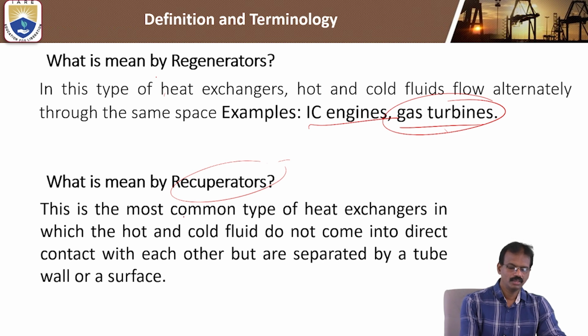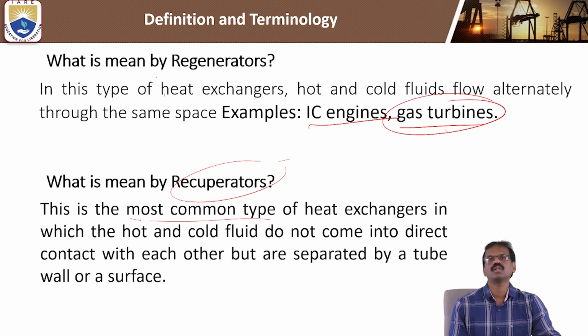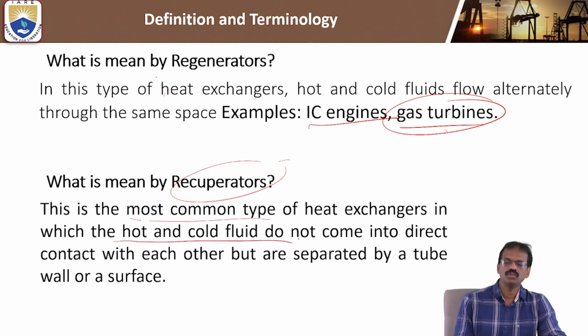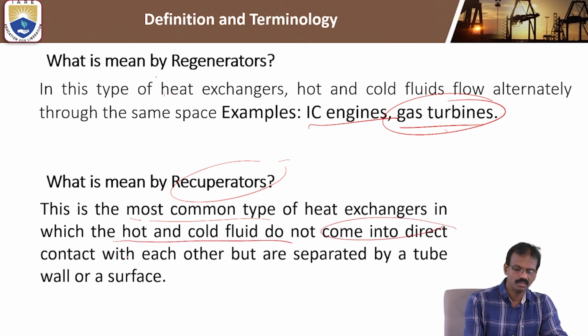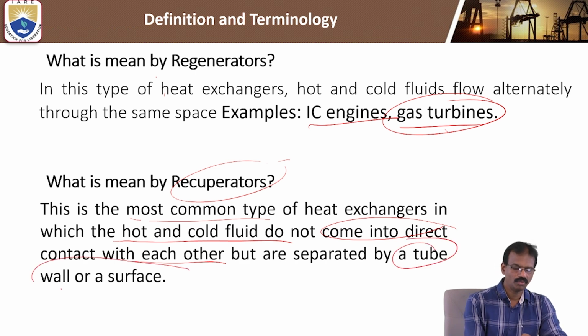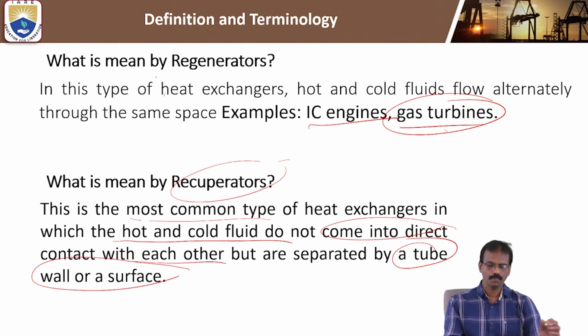Next, we'll see what is meant by recuperators. This is the most common type of heat exchanger. I already explained this one for cross flow, parallel flow, and counter flow. These are the examples of recuperators. It is the most common type of heat exchanger in which hot and cold fluid do not come in contact with each other, but are separated by a tube wall or any surface.